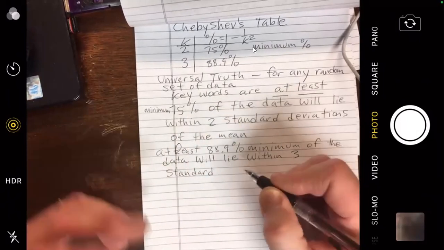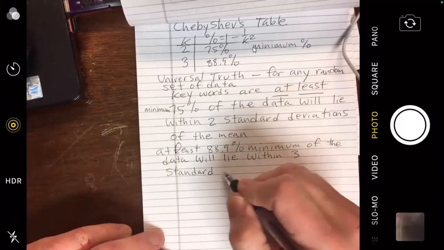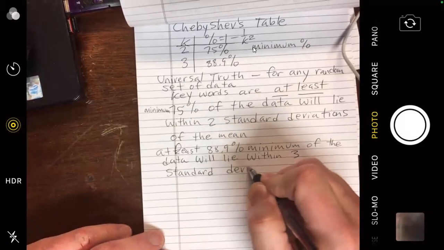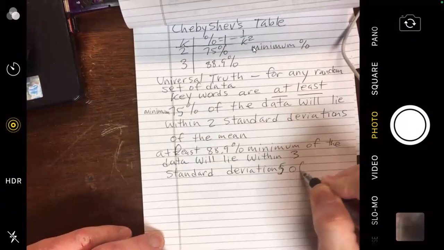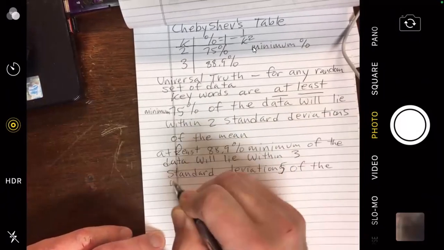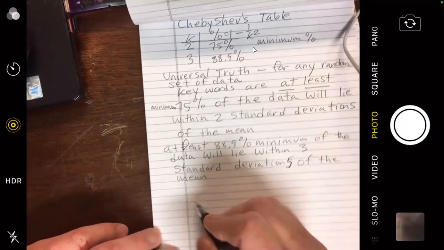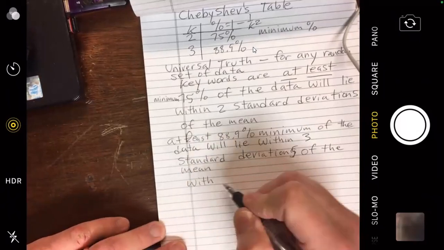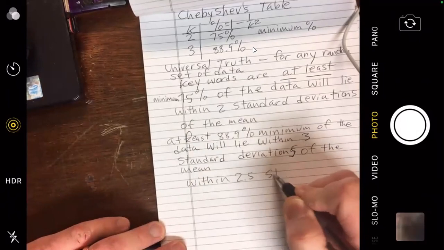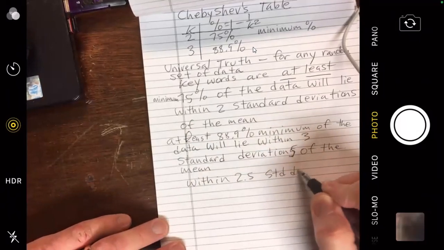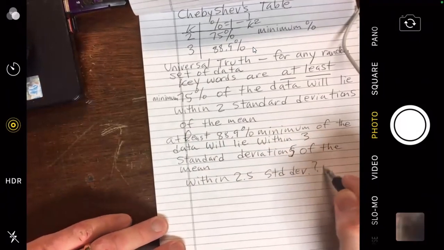Sometimes they have you do a strange number like 2.5 standard deviations of the mean. So let's say within 2.5 standard deviations, what percent?